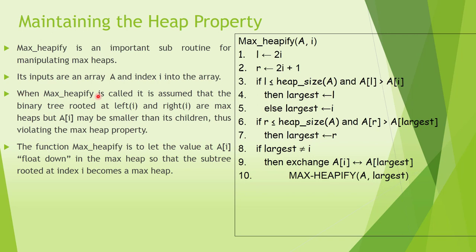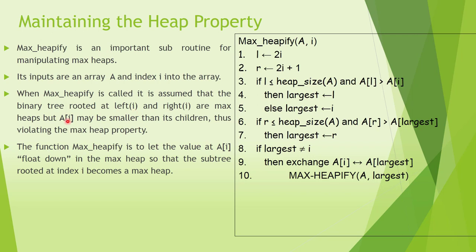When max heapify is called, it is assumed that the binary trees rooted at left of I and right of I are max heaps. Here the input is I, so it will have some elements in its left subtree and also some elements in right subtree. We assume the left subtree and right subtree are max heaps.